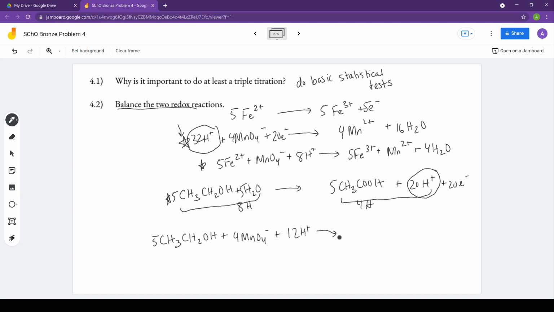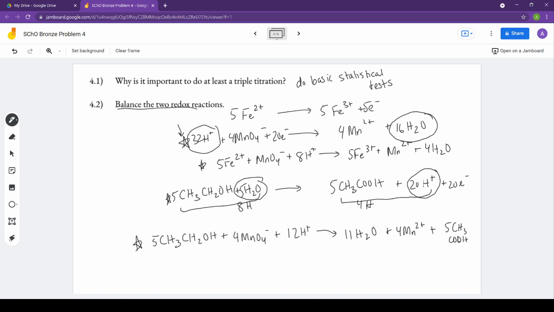Goes to form 11H2O + 4Mn2+ + 5 acid. And the H2O, again, we're going to have this cancellation. We have 16 on the right side here, 5 on the left side here, so we have this canceling out. But the net expression is this one here.